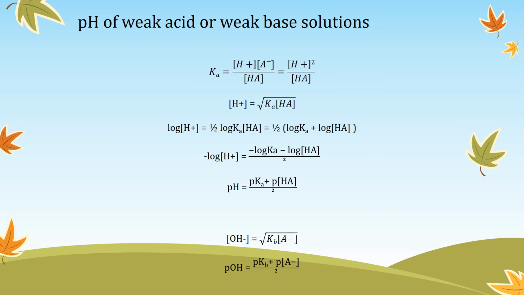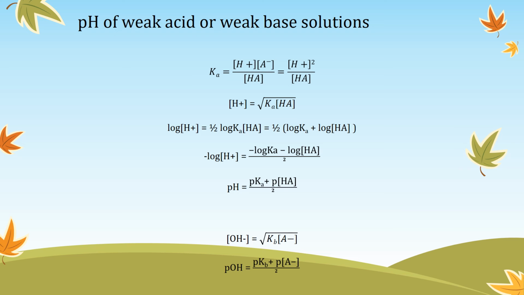Because of that, as we saw in the earlier slides, with two water molecules interacting to form hydronium and hydroxyl ions, here the hydrogen ion concentration becomes H plus squared. Since the conjugate base is not formed and remains unchanged, its concentration is similar to that of the hydrogen ion, so it becomes H plus squared divided by the concentration of the weak acid.